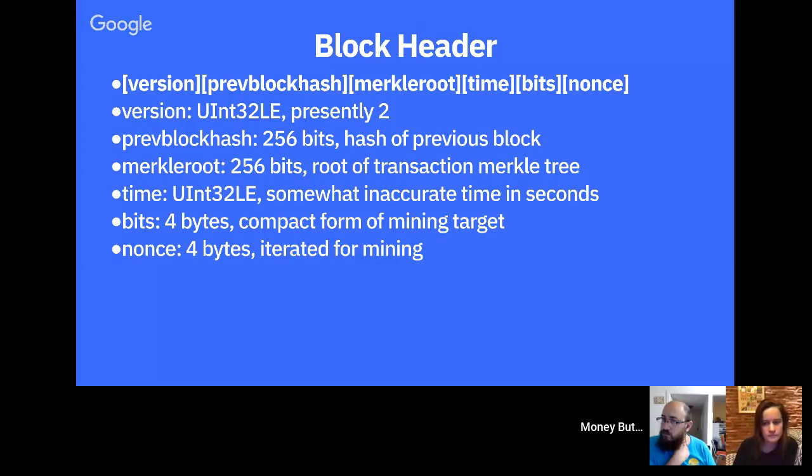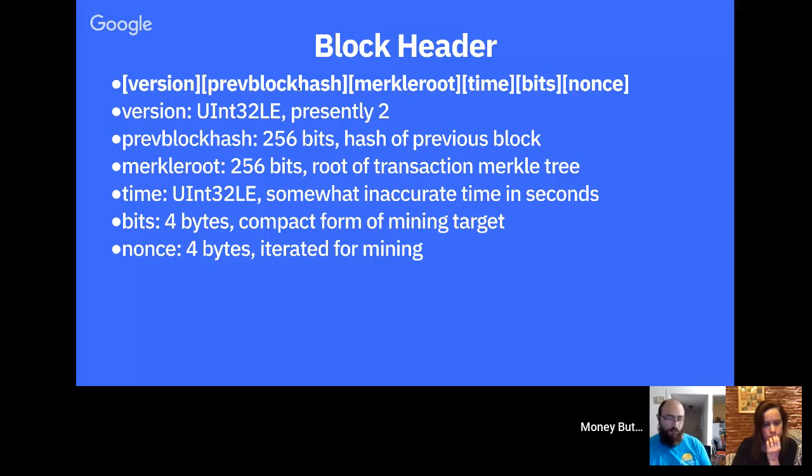The previous block hash of the previous block, Merkle root. The time is an unsigned 32-bit little-endian number. It is somewhat inaccurate because when miners mine, a block is valid if the time is within 2 hours of what the current system time is.